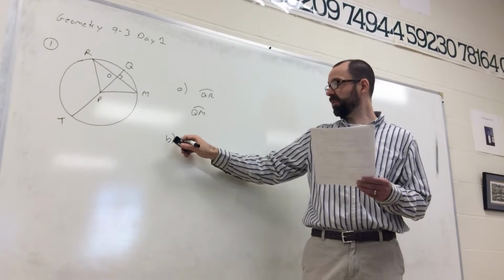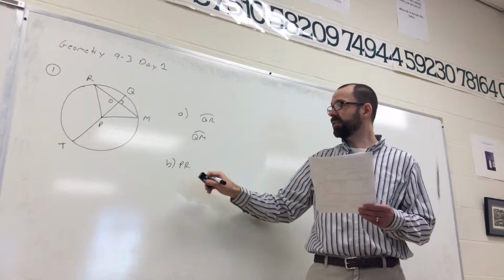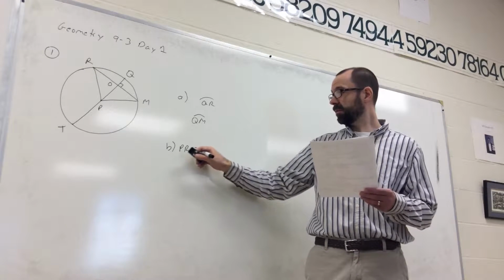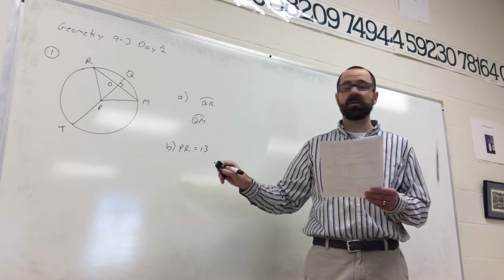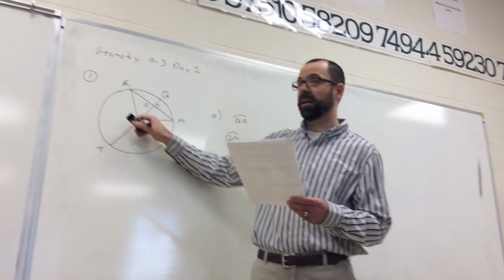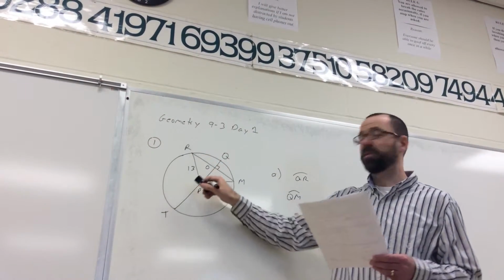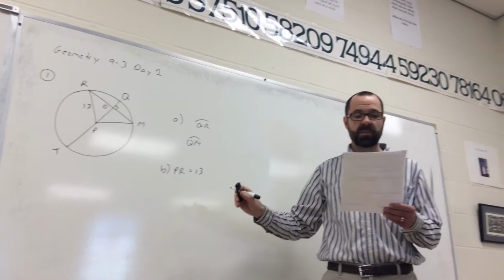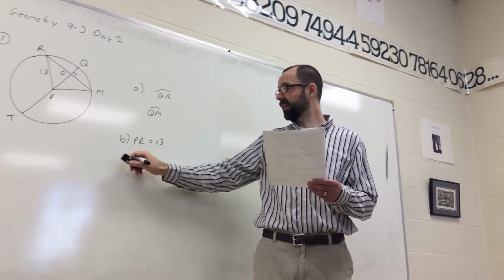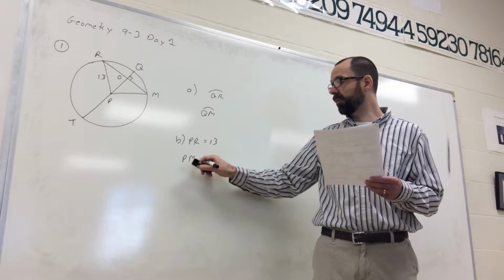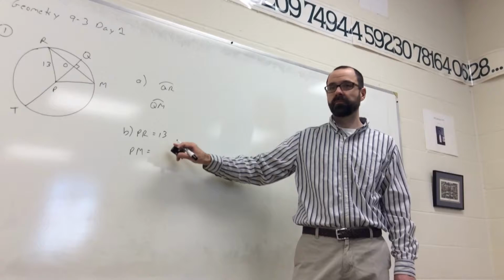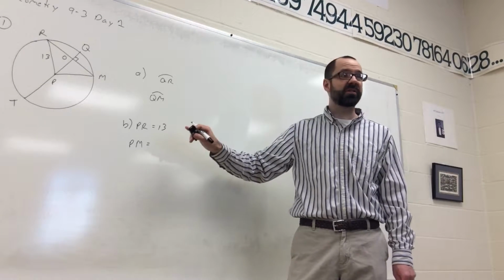Okay, in question B, they're giving us some more information. They say from P to R is 13. So that line right there, 13 inches or centimeters or whatever we're measuring in here. Okay, then they want us to find how far it is from P to M. So they told us from P to R is 13.